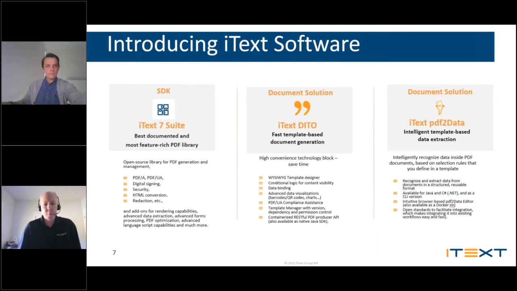So if you hear in this presentation things about iText 7 Core or Suite, that's talking to our developer community and using code to manipulate PDFs. We also have non-development solutions, and that's what we'll talk and focus on today. For starting with data and producing PDFs, we have what's called iText Ditto, and that is a non-programmatic way of generating documents from templates. You're going to hear that word coming up in the future as well.